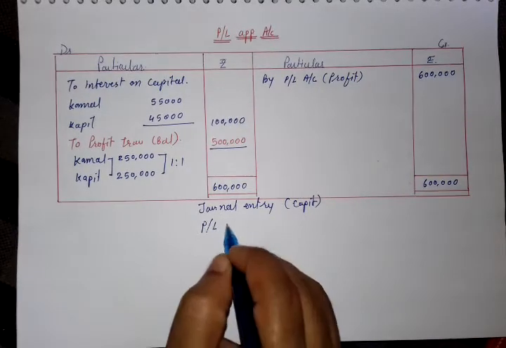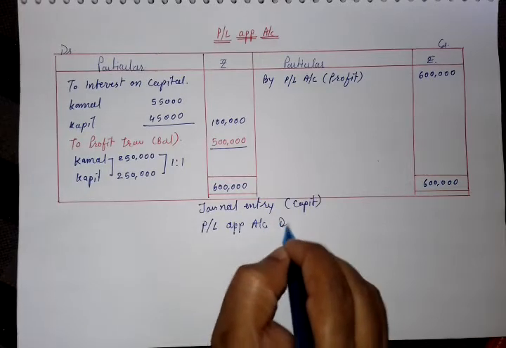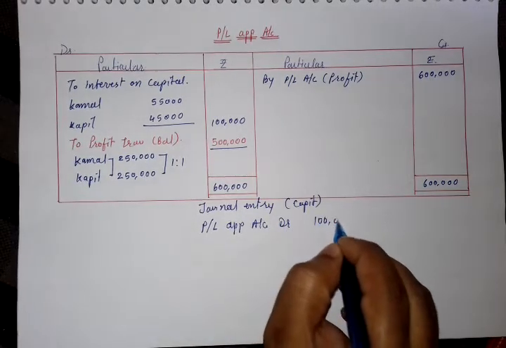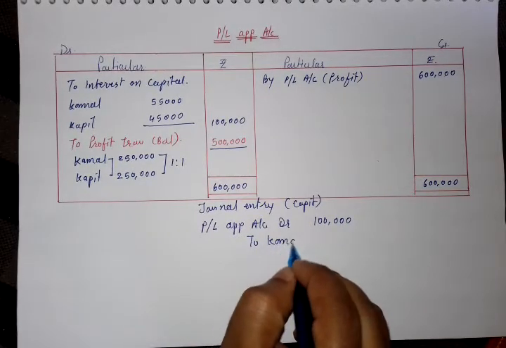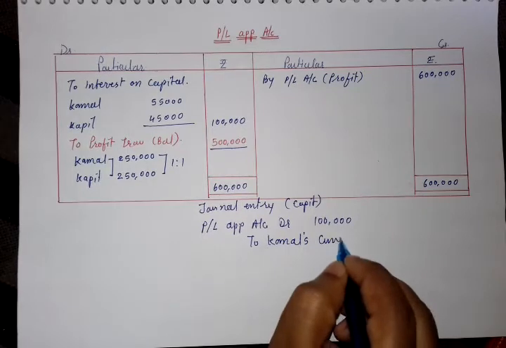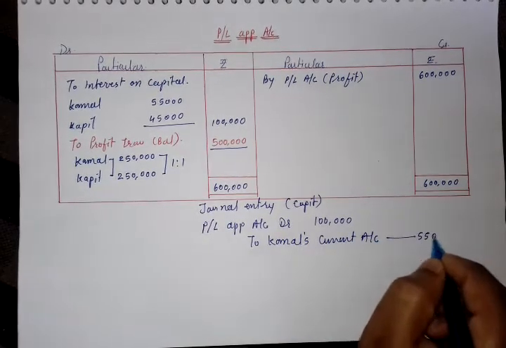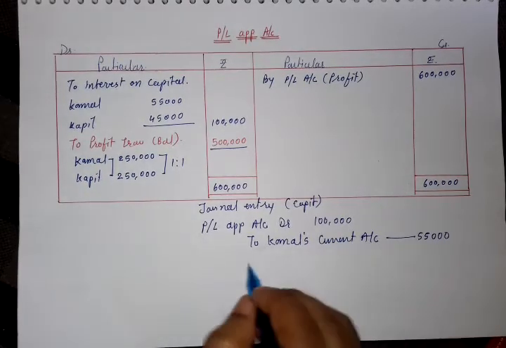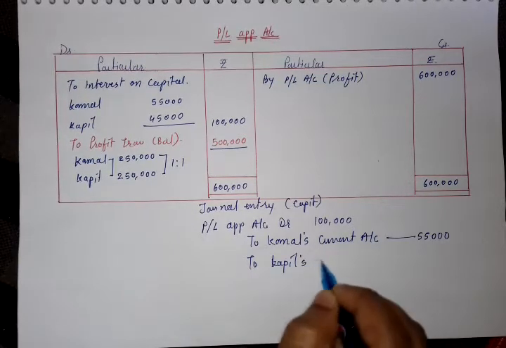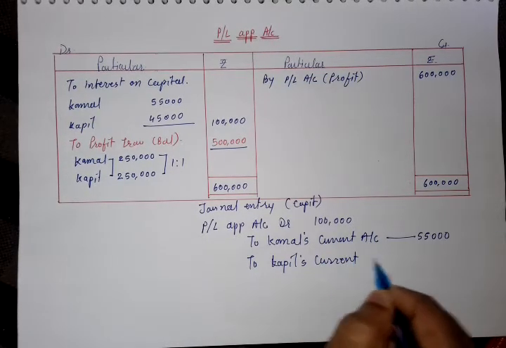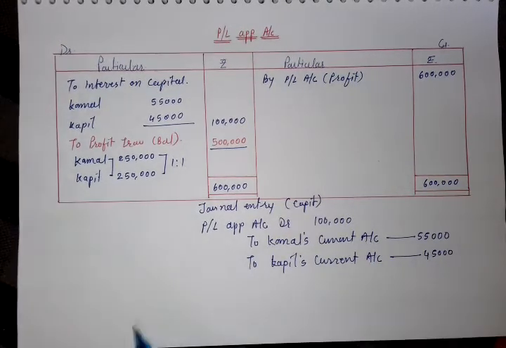So we have to write here profit and loss appropriation account debit 1 lakh rupees, to Kamal's current account 55,000 and to Kapil's current account 45,000. Okay, that is clear.